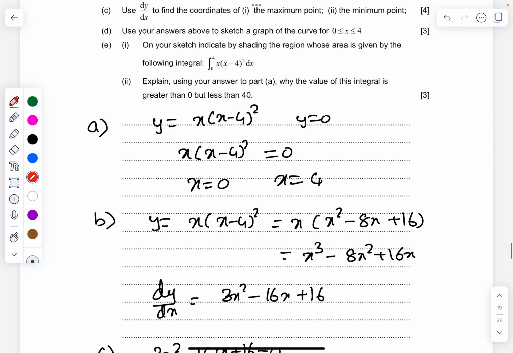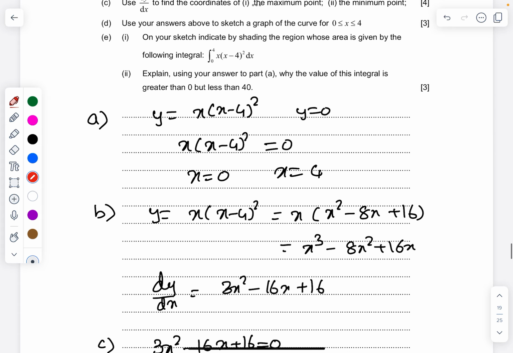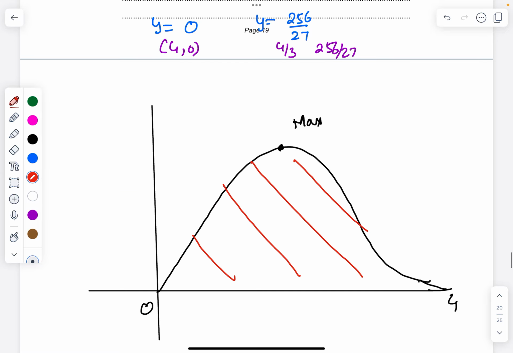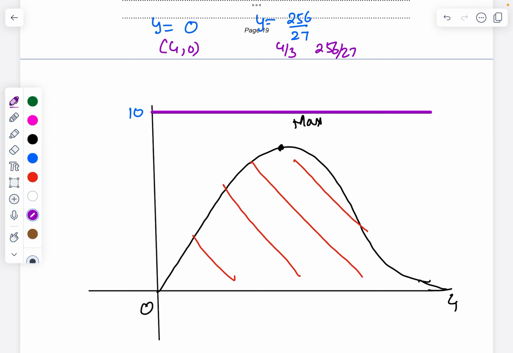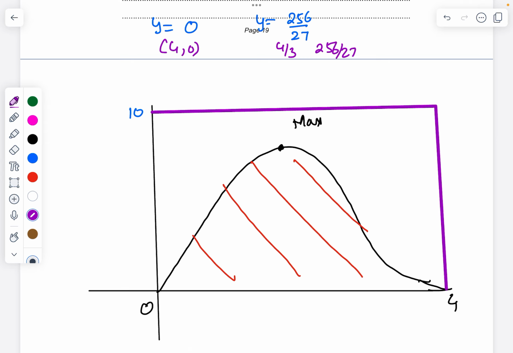Then explain your answer. The area will always be less than 40. So this number is 10. So we can see that when I draw a rectangle over here, the area of this rectangle is 10 times 4, 40.